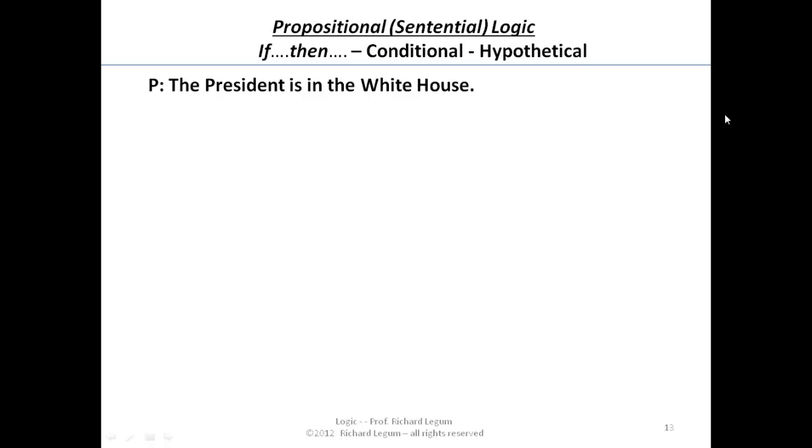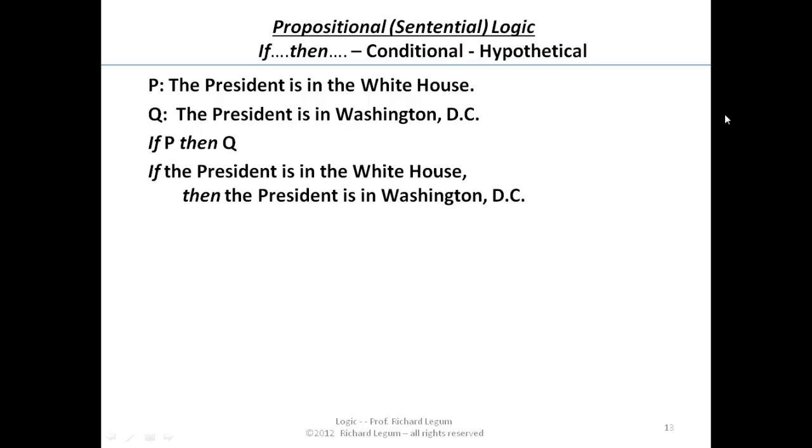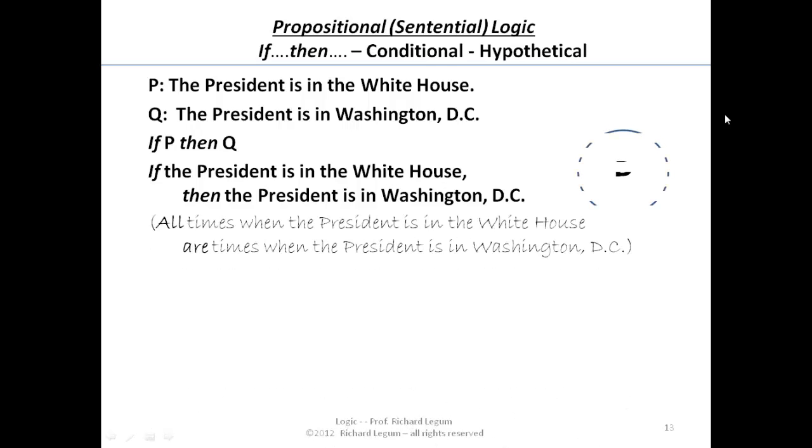We're going to make P the proposition that the president is in the White House, Q the proposition that the president's in Washington, D.C. So then if P then Q is that if the president is in the White House, then the president is in Washington, D.C. Or all times when the president is in the White House are times when the president is in Washington, D.C.